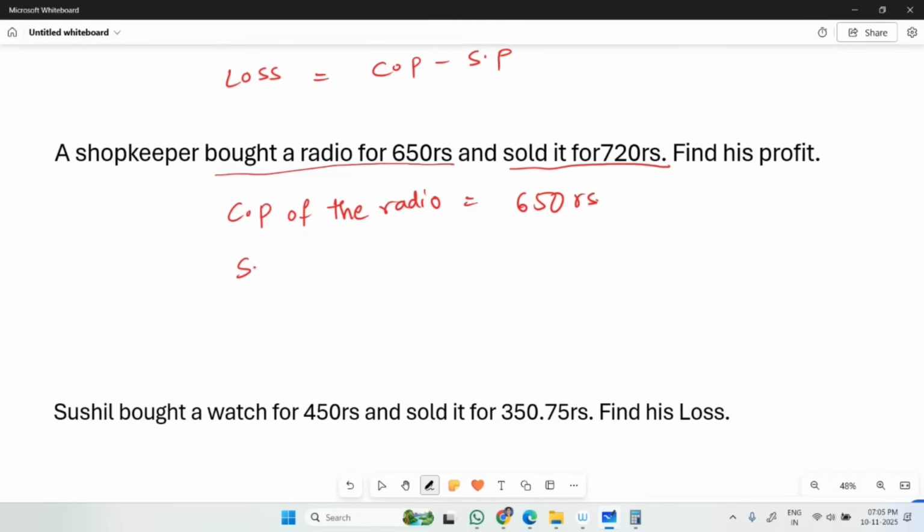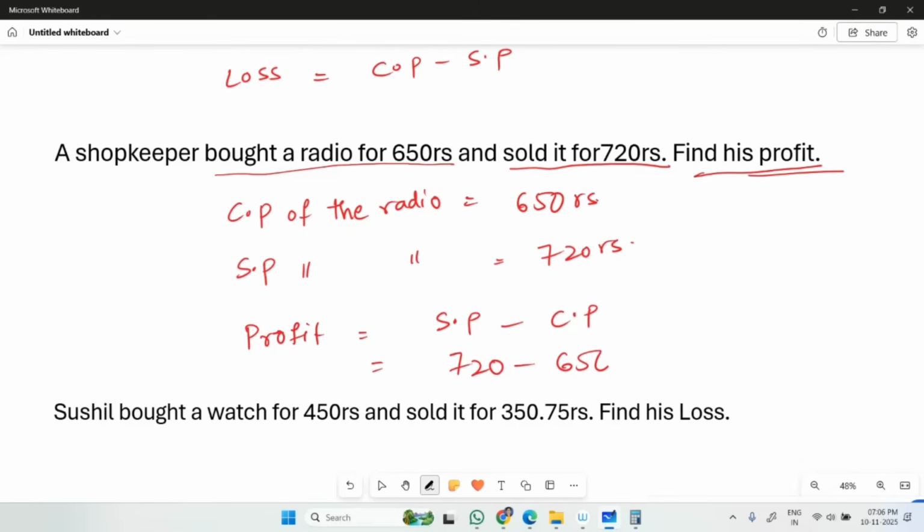That means the selling price of the radio is 720 rupees. Now they are asking us to find the profit. Profit formula is selling price minus cost price, which is 720 minus 650, which is nothing but 70 rupees. Okay, profit equals 70 rupees.